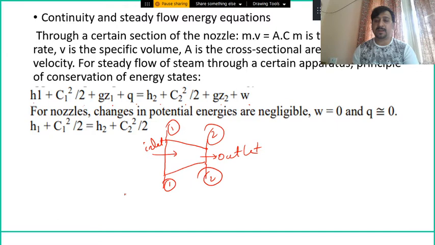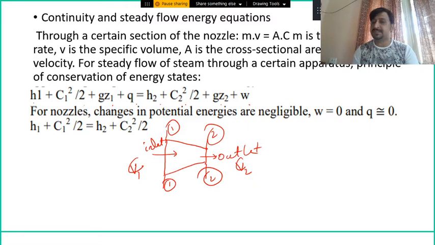Normally, a nozzle is a device which is used for increasing velocity. The velocity at inlet is c1 and the velocity at outlet is c2. When we compare the inlet velocity with the outlet velocity, it will definitely be lesser, because this is a device which increases the velocity.